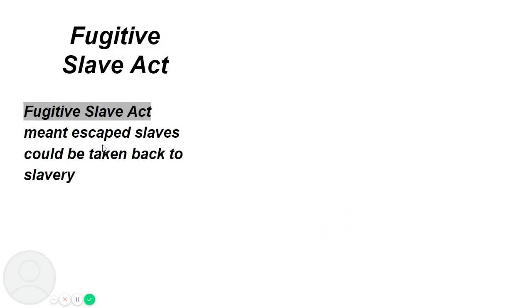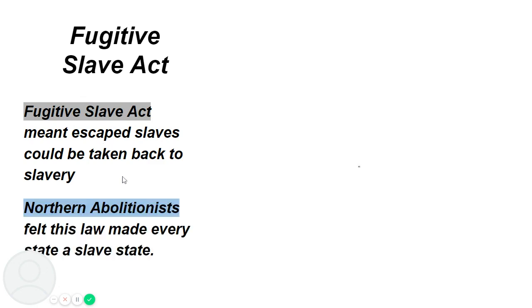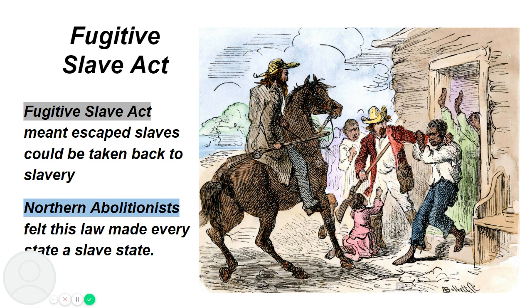Because even if a slave escapes from the south into the north, slave catchers could still find that former slave, take them away, arrest them, and take them back to slavery. Northern abolitionists hated this law because it felt like it doesn't matter if this is a free state, because this escaped slave can be taken back to slavery.